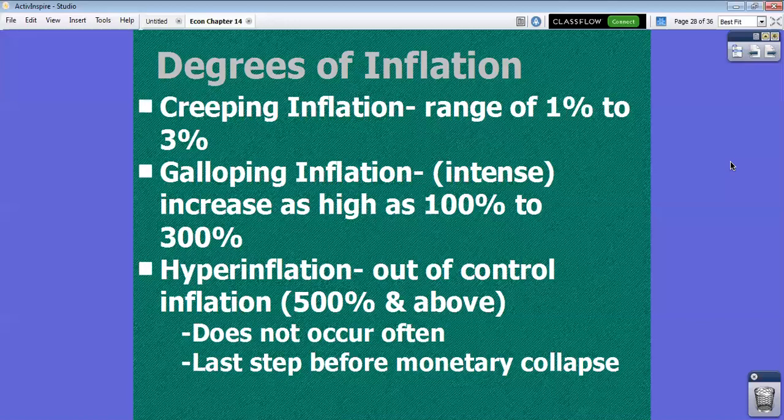You're either going to have to scrap the monetary system and start again like Germany did, or we see today some countries, instead of their currency, they'll start to use another country's currency. I believe this happened in Zaire, if I remember right, and they started to use the American dollar. For those of you watching the news, hyperinflation also is something that we see in Venezuela right now. They definitely are in that hyperinflation range.